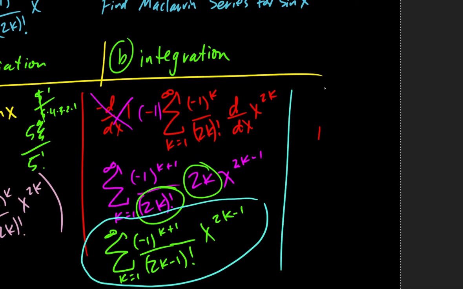What your book wants to do is do n equals k minus 1. And if we do that, then we end up with this. So if this is k plus 1, we'd have to drop down 2 more, and so it's going to end up being n plus 2.